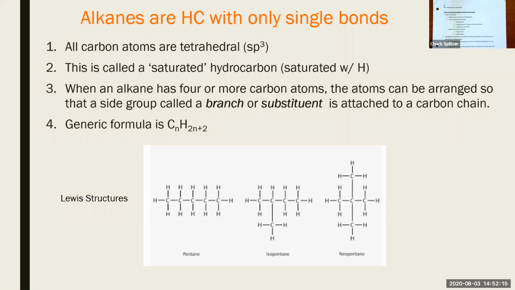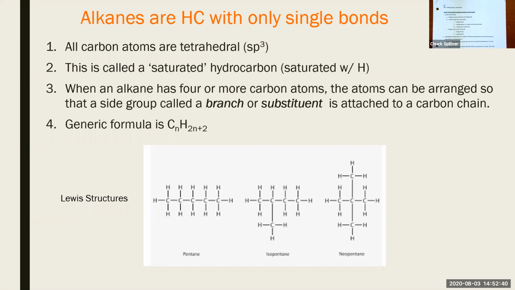So since all the carbon atoms only contain single bonds, that means all the carbon atoms in alkanes are tetrahedral. Remember from the last lecture, a tetrahedral carbon only contains sp3 hybrid orbitals that are used for bonding to make these single bonds.